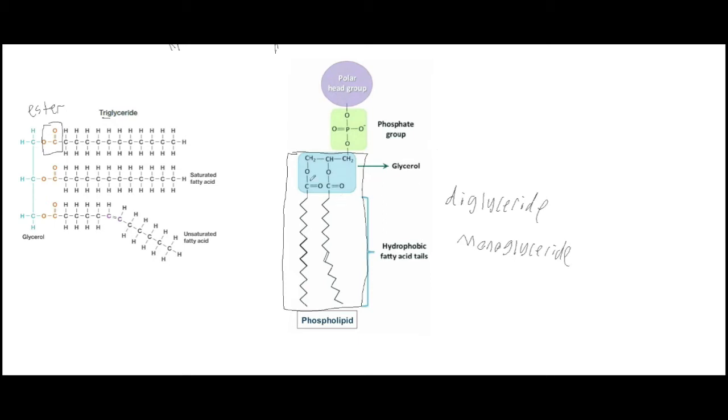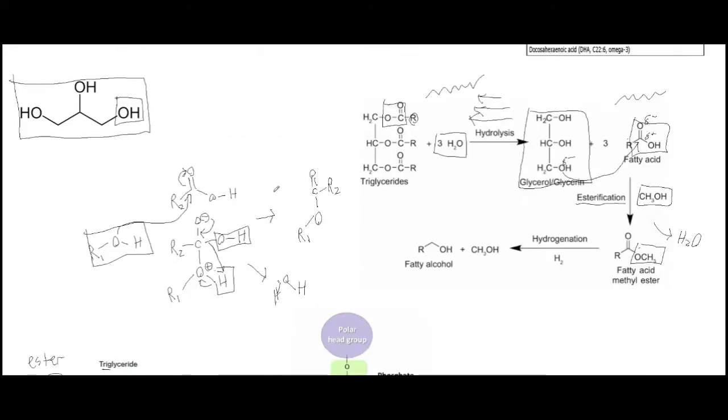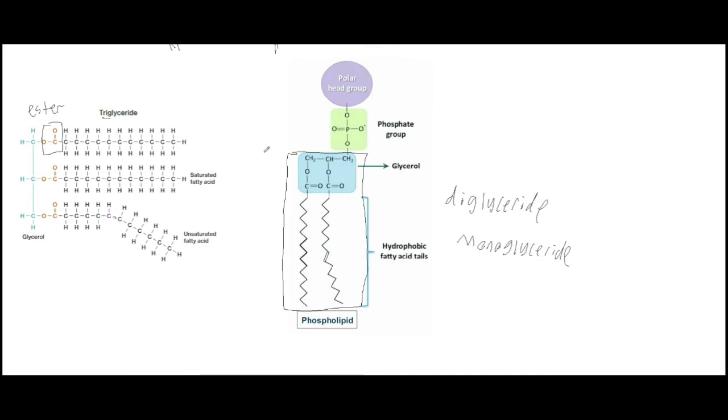And when you have these mono and diglycerides, you have the other OH group not bound to a fatty acid, which then means you can put other things on it. And one of the things that we often see on diglycerides in biochemistry are phosphates. So that would make it a phospholipid.